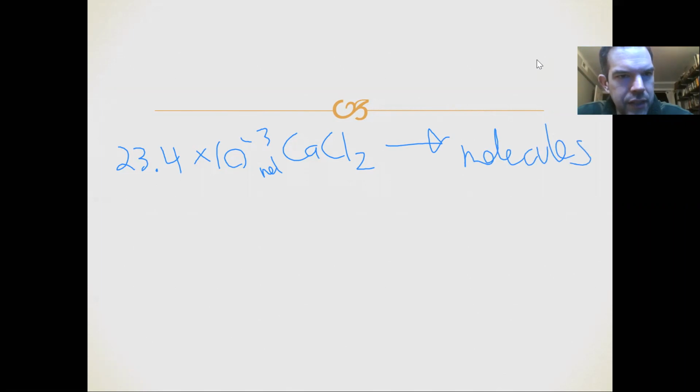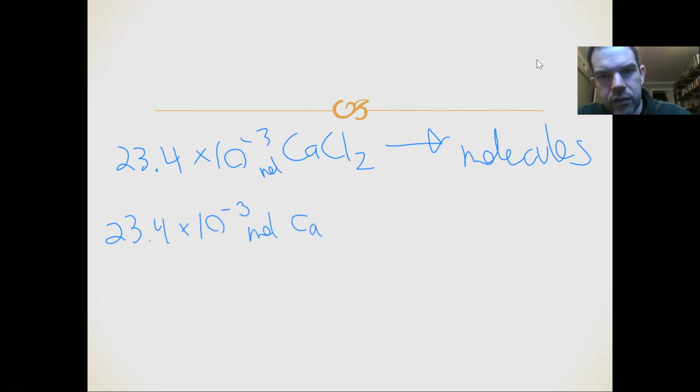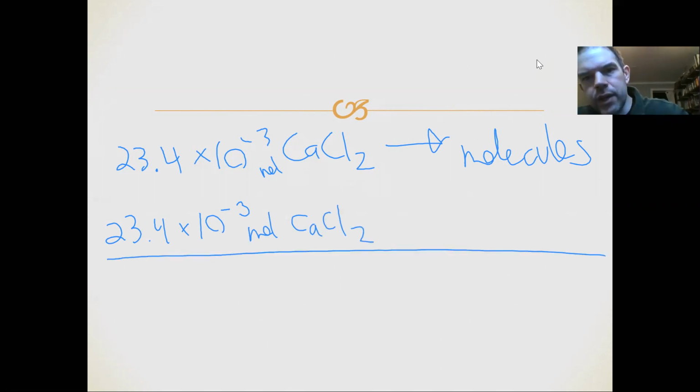Okay, so you take the 23.4 times 10 to the negative 3 moles CaCl2. And you need to get rid of the moles CaCl2 first. So moles divided by moles, okay?